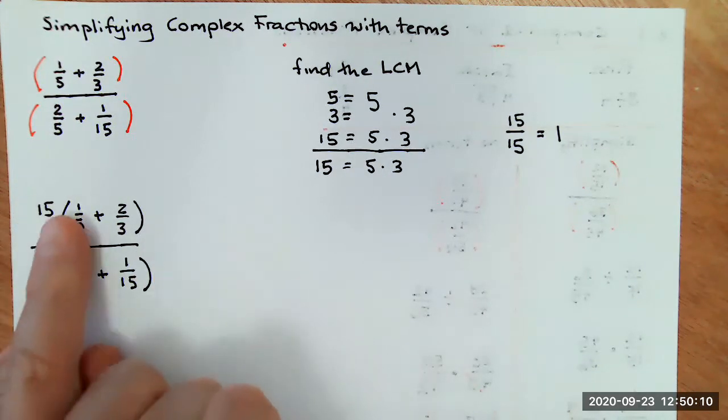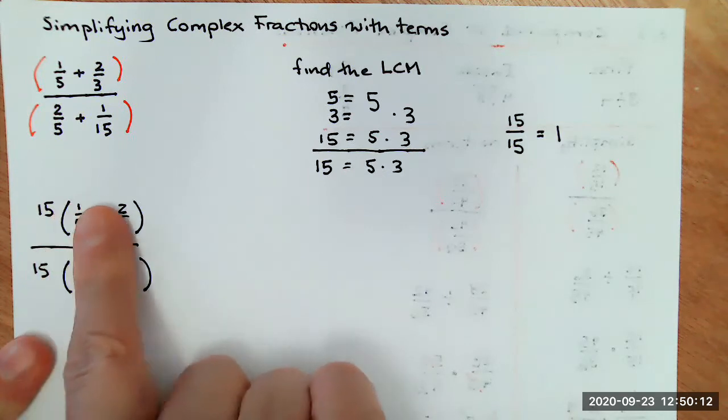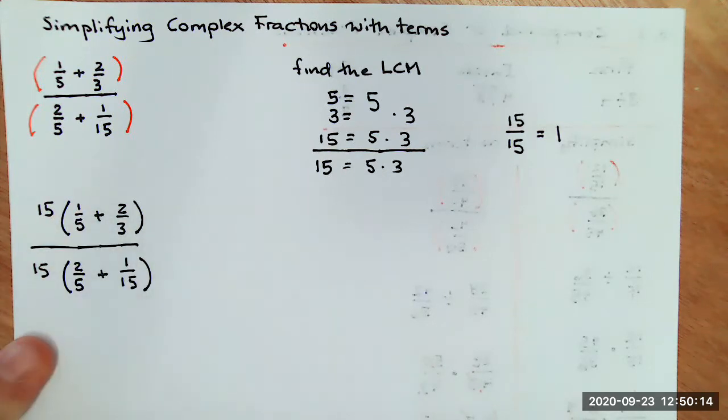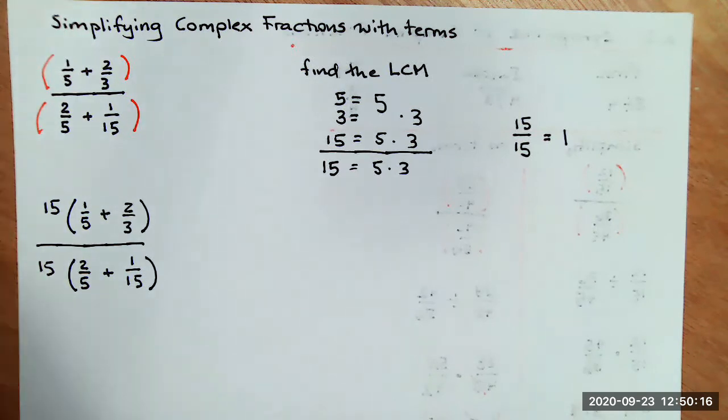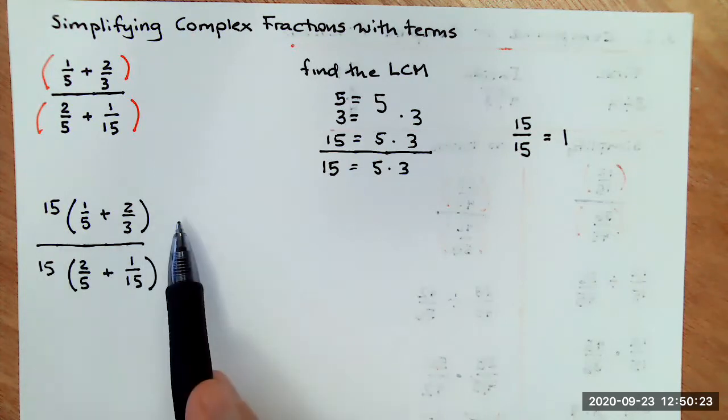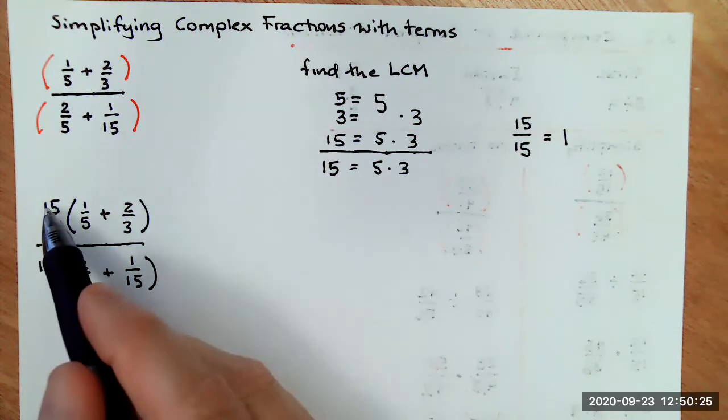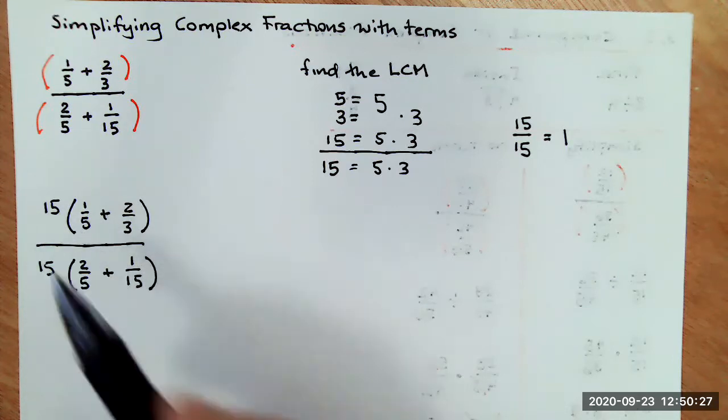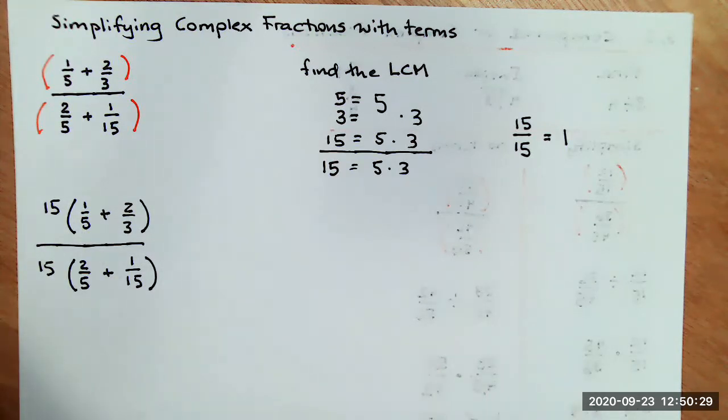I've multiplied by 15/15. Oops, sorry. And then you have to be very careful here. You need to distribute before you simplify. So if you simplify here, you'll end up with the wrong answer.